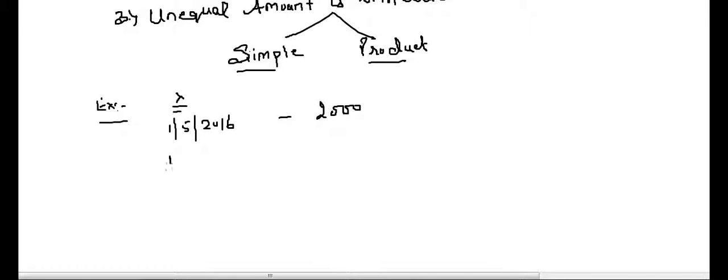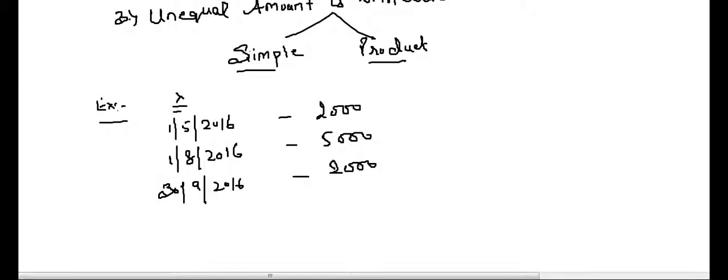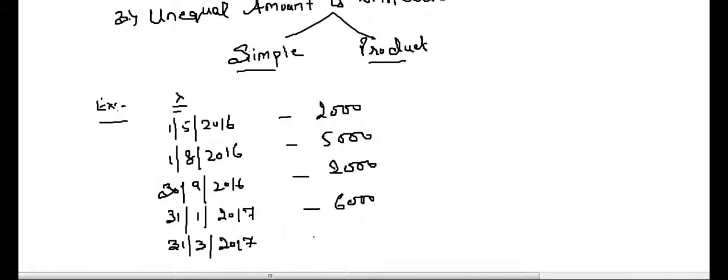Then on 1st of August 2016, he is withdrawing 5,000. Then on 30th of September, again he is withdrawing 2,000. Then on 31st of January 2017, he is withdrawing 6,000. Then last, on 31st of March 2017, he is withdrawing 2,000.